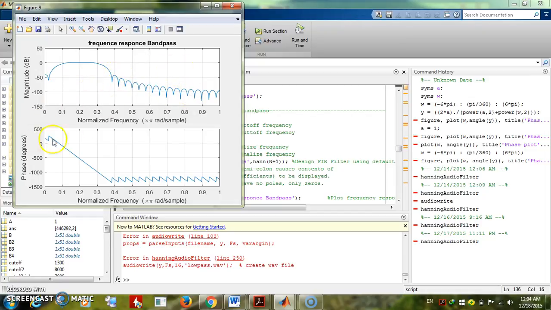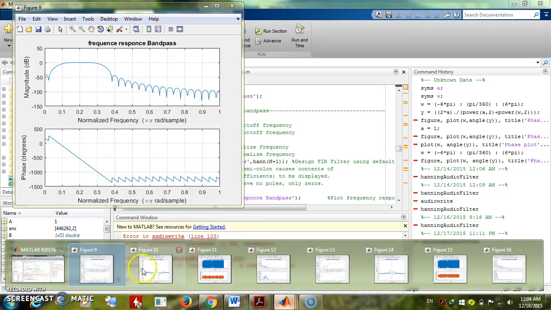For the bottom one, the phase is quite constant for those frequencies in between the range of the cutoff frequencies, and for those out of the range, you can see that it is not constant and it has many changes.